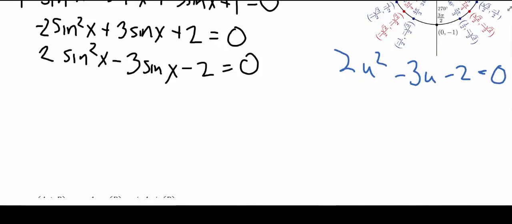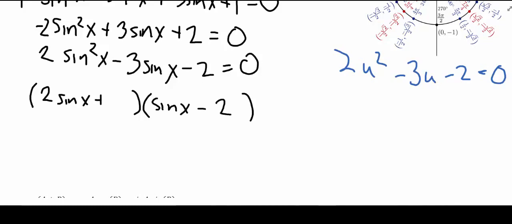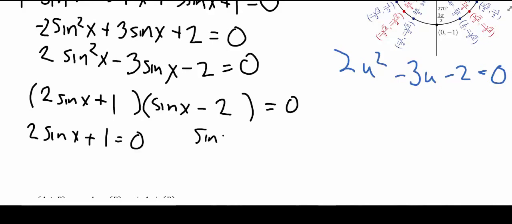So I could factor this to say this is the same as the quantity 2 sine x plus 1 times the quantity sine x minus 2 equals 0. So I can factor that into two expressions. Two expressions times one another equals 0. So that means either 2 sine x plus 1 equals 0, or sine of x minus 2 equals 0.